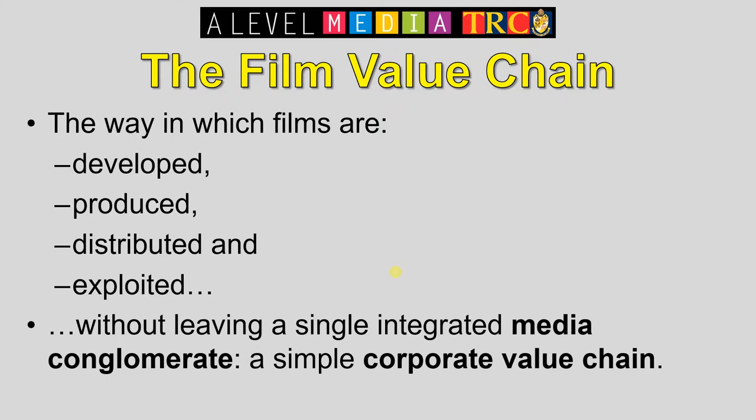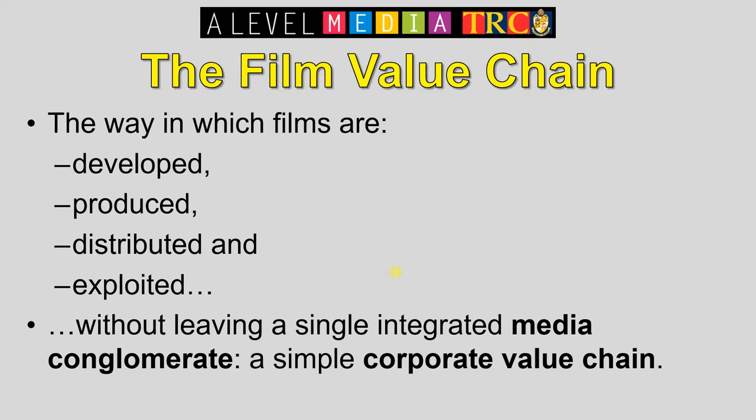They do this in order to create synergy. Synergy means working together. If a conglomerate owns a number of companies that are all in the same stage of production, like making movies, for example, production companies, it will be horizontally integrated.